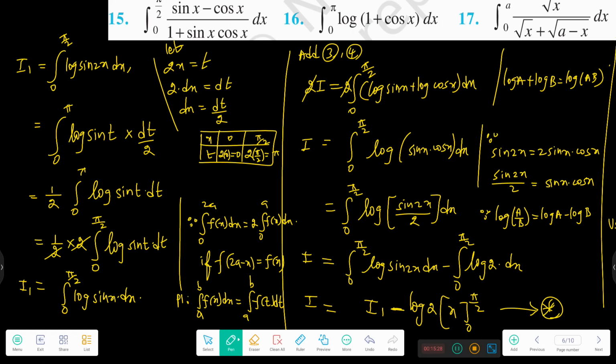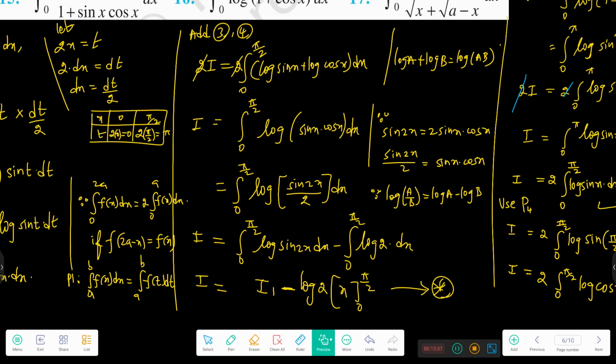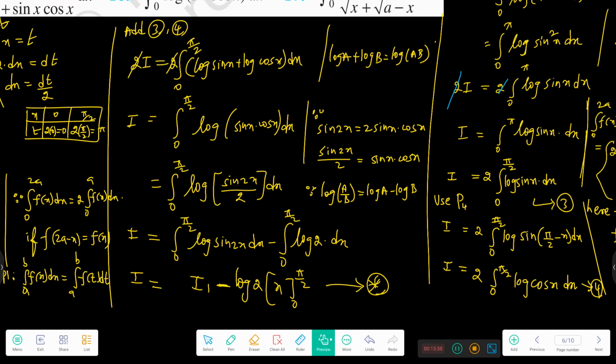So I1, in the sense of what actually you can see, what is I. We can see here, so the 3. See, the 2 alone, if you send it to the opposite side, this is the step we got in the last: the integral from 0 to pi by 2 of log sin x dx we got. So if you send that 2 across, you will be getting I by 2.